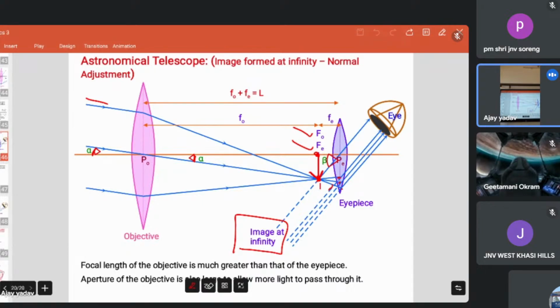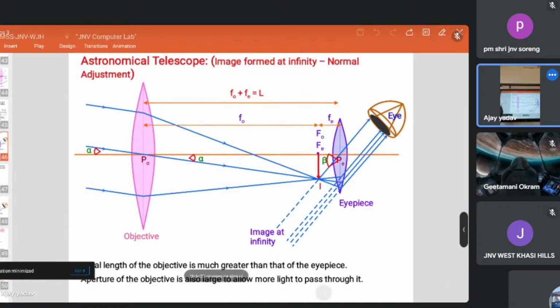So they both lie at the same place. It means FO plus FE is equal to the length of the tube. FO is from here to here and FE is this. So FO plus FE equals L, the length of the tube.